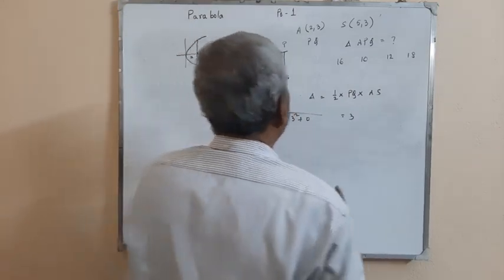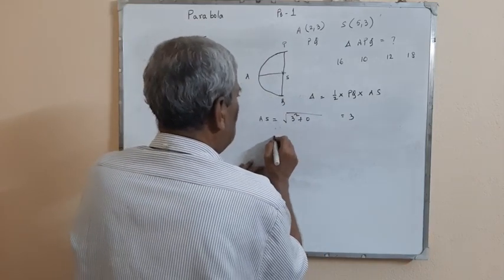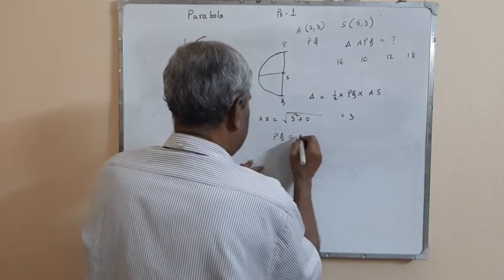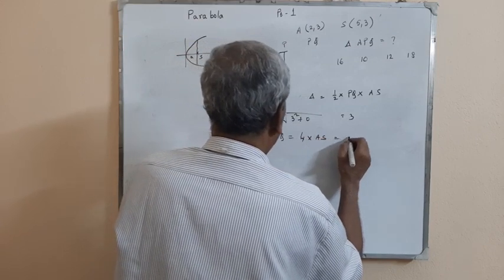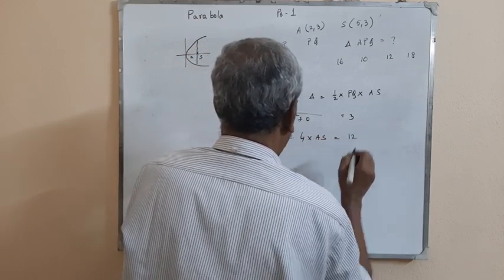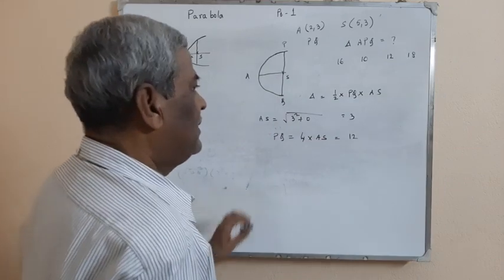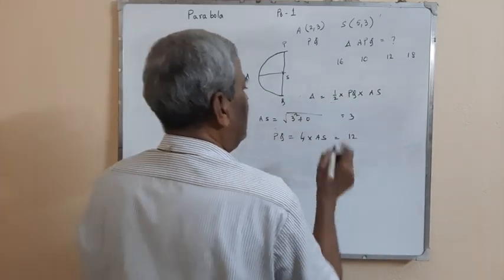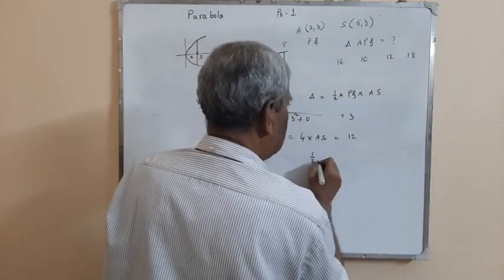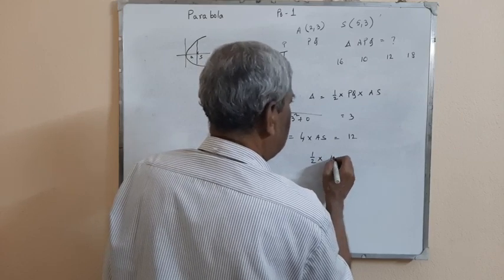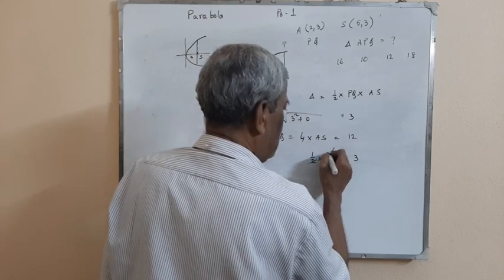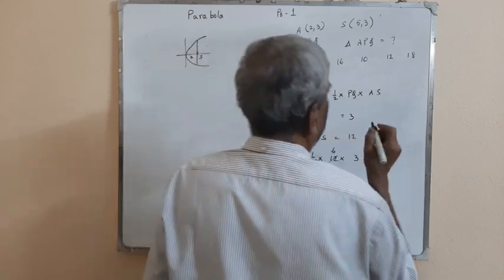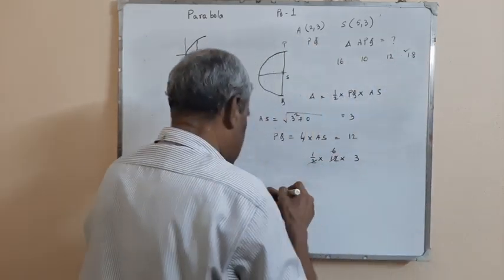So it is 3. Therefore, PQ, length of latus rectum, it will be 4 times AS is equal to 4 into 3, that is 12. Hence, our area is equal to half into PQ means 12 into AS means 3. So it is 18 square unit. So this is correct answer.